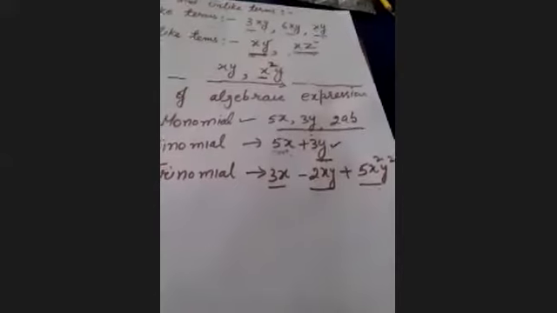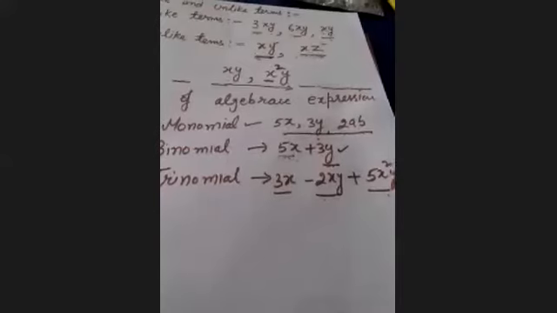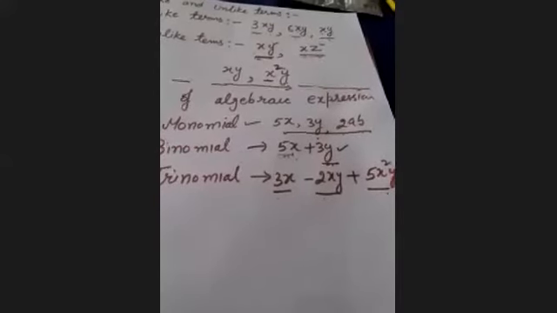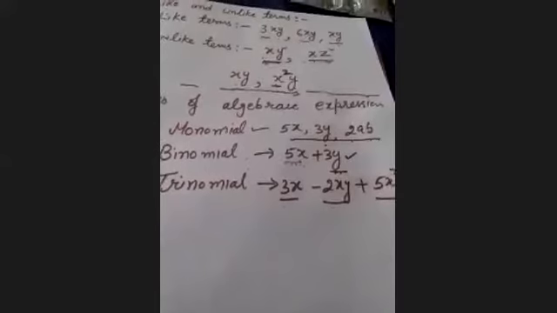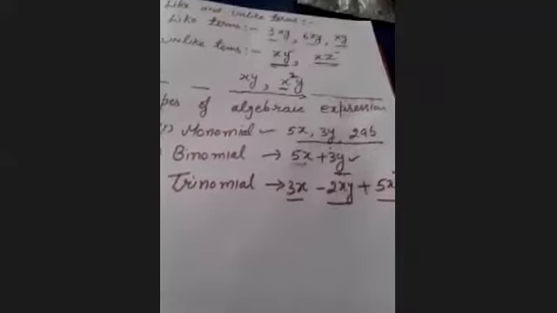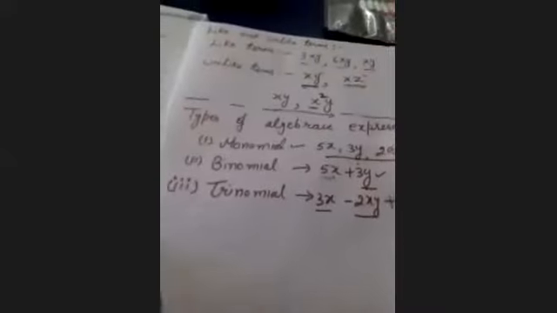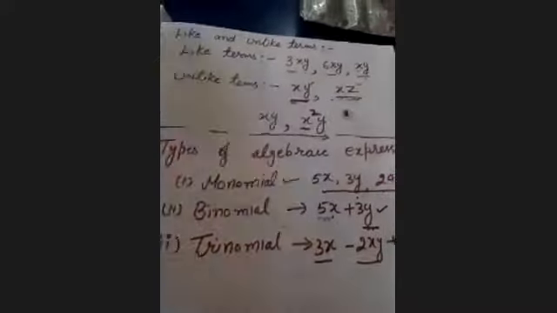For example, 3x minus 2xy plus 5x square y square. In this expression, we have three terms and all three terms have different variables. So this is known as a trinomial. Next is multinomials. An algebraic expression having more than three terms is known as a multinomial. Clear, students?